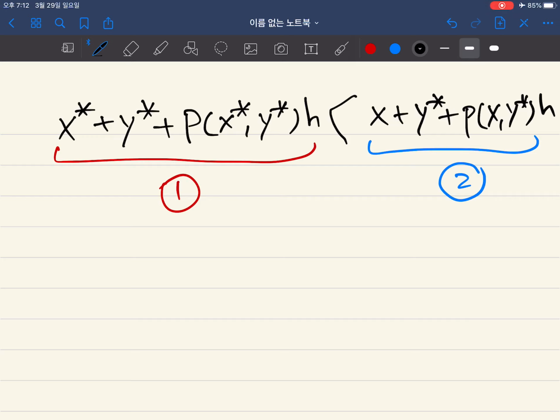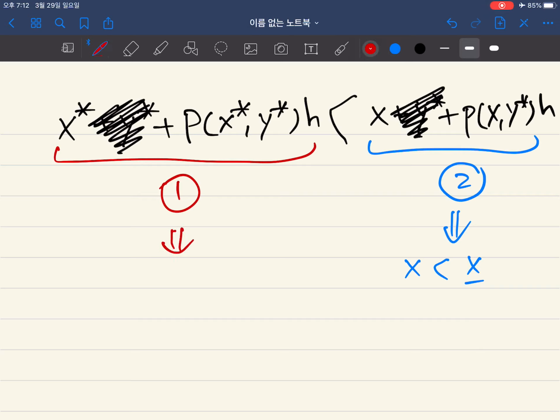And then I'm gonna subtract Y star from both sides. Then we can see that this is injurer's payoff when injurer is choosing X less than due care.